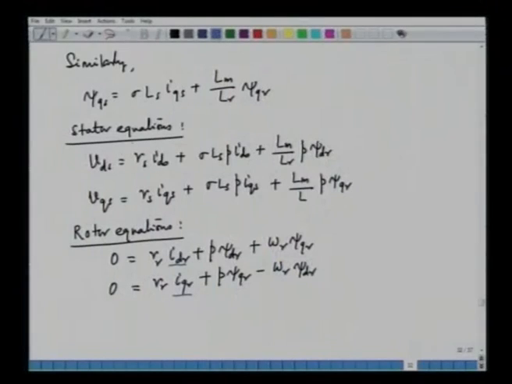So in a way what we are trying to do here, we are trying to estimate the rotor speed from the terminal variables, and the terminal variables are the voltages VDS, VQS and IDS and IQS. In the next lecture we will see how we can implement this in the form of a block diagram to estimate the speed from the terminal variables VDS, VQS, IDS and IQS.